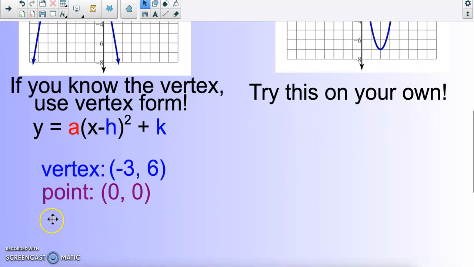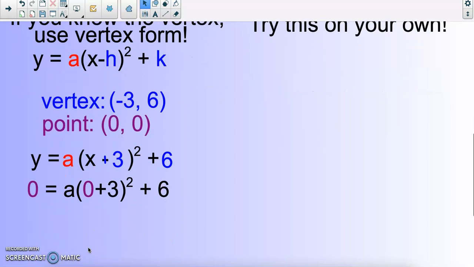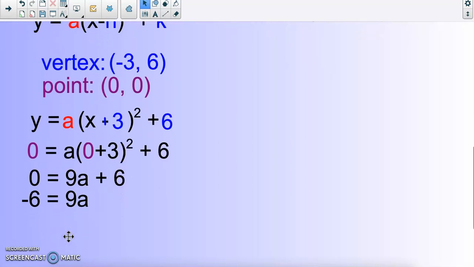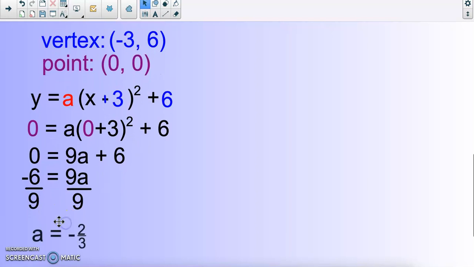So I'm going to do that right here. I'm going to go ahead and take this structure. I don't know what a is, but I do know that h is -3. Notice how the minus changed to a positive. And I know k is 6. And now I'm going to put that 0, 0 into the equation for x and y. And I'm going to solve this. Now it just boils down to a little bit of algebra, and we can find our value for a.